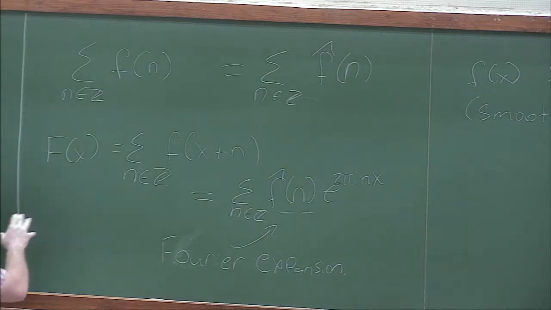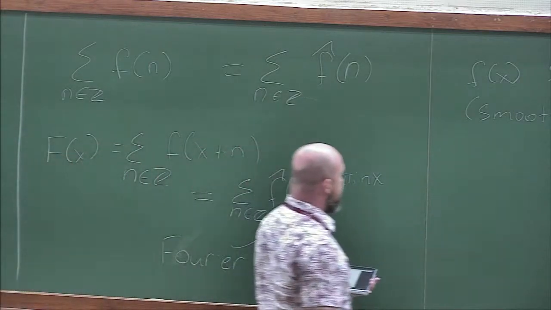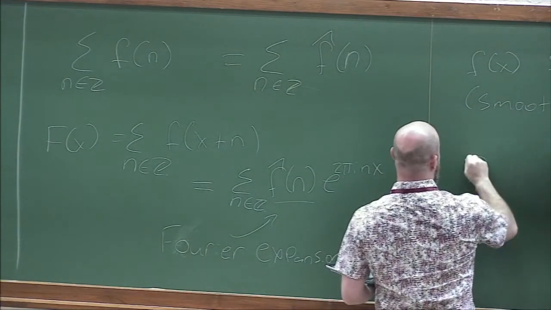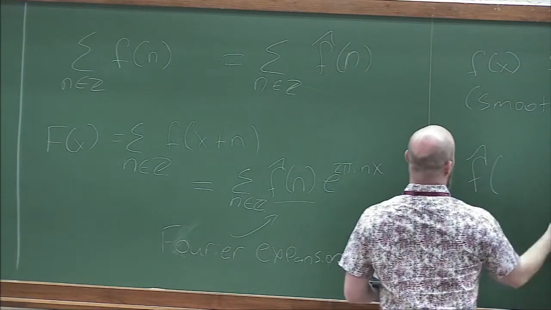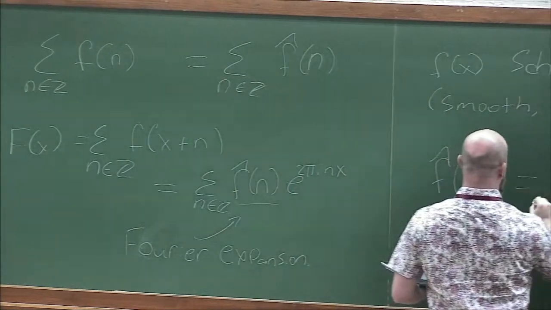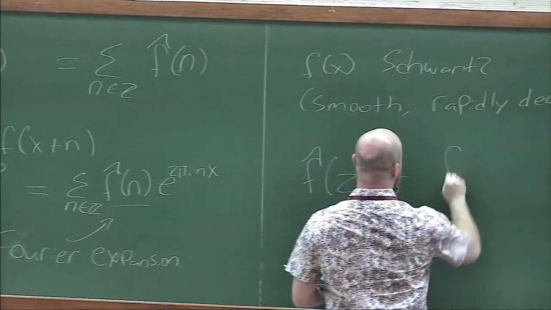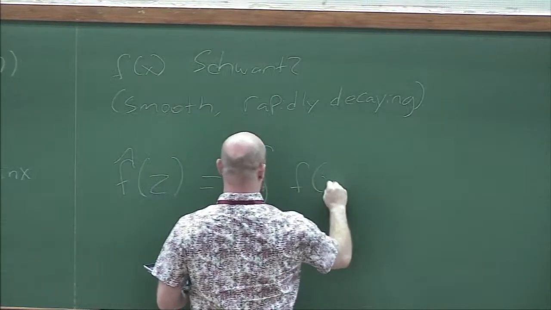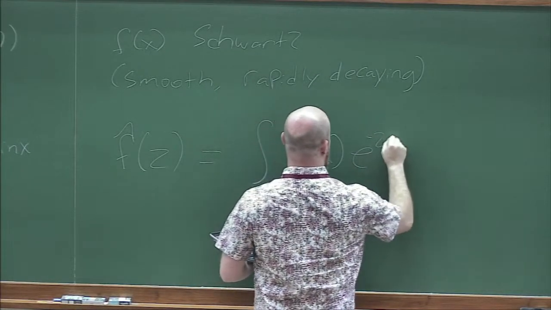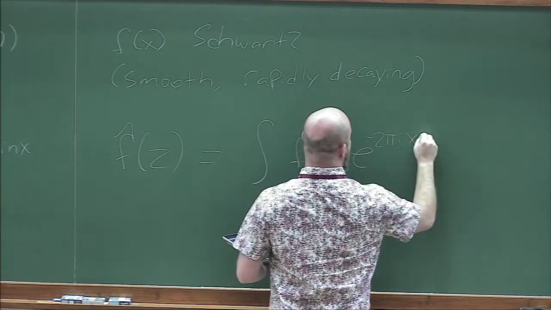Now, I suppose I'm talking about this Fourier transform. I should at least define it for us. Okay. So we'll say f hat of z, let me put a variable z here. This is going to be defined as the integral of our function f of x times e to the minus 2 pi i x z.